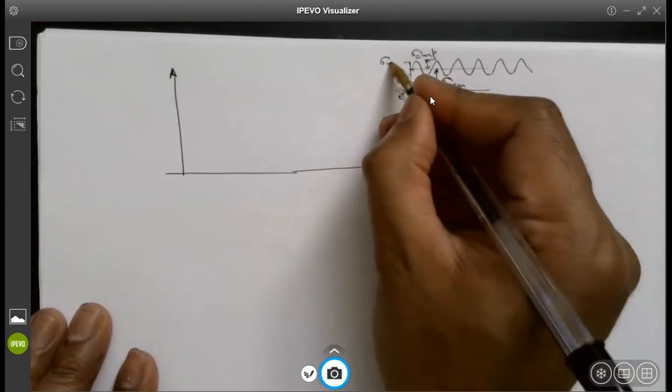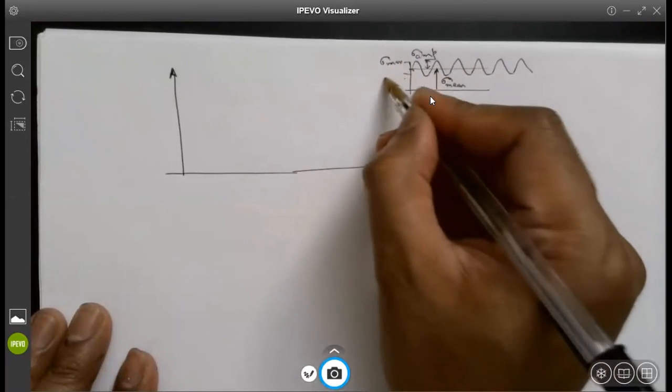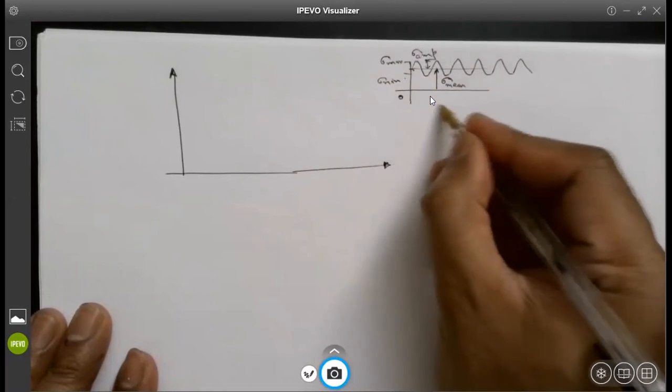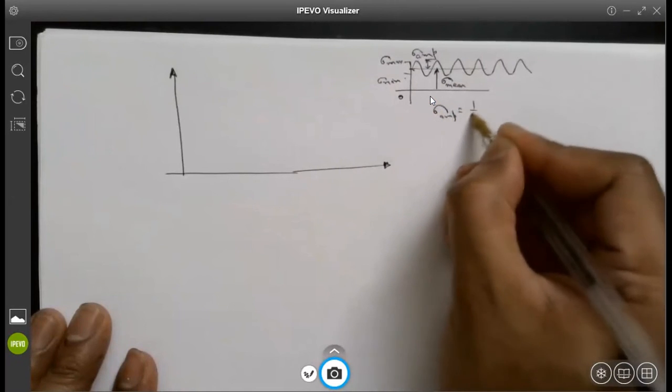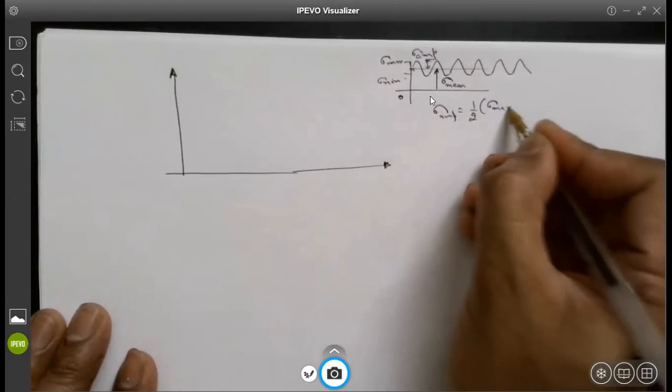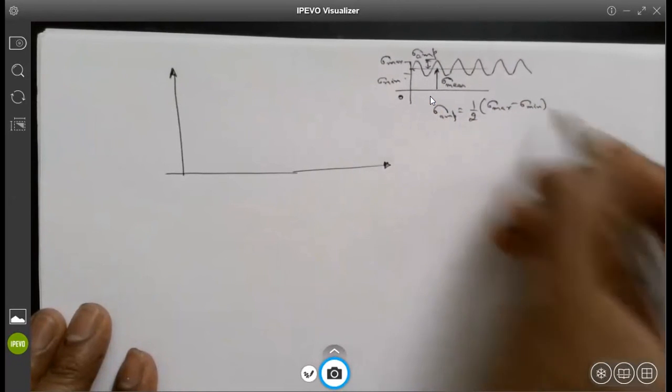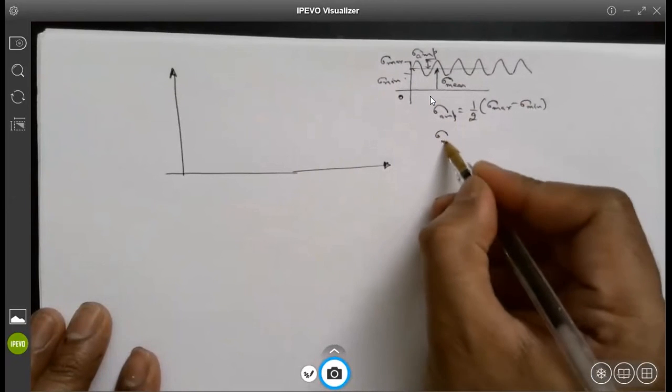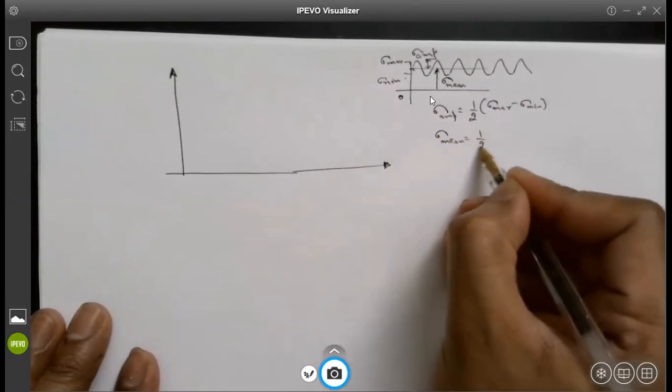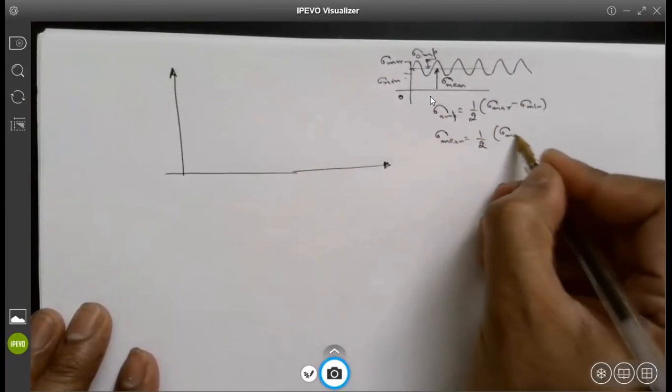This is sigma maximum, this is sigma minimum, and sigma amplitude is given by 1/2 (sigma max minus sigma min), and sigma mean is 1/2 (sigma max plus sigma min).